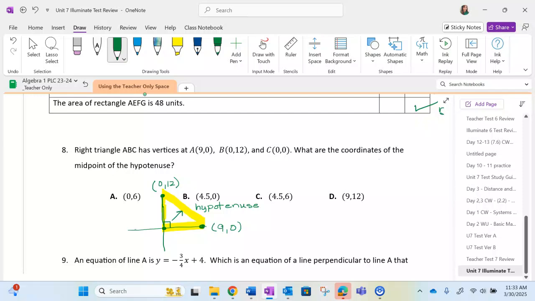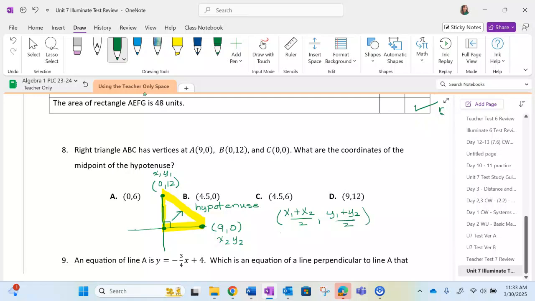Find the midpoint. Okay, I'm going to label this x1, y1. This one is x2, y2. Using our formula, x1 plus x2 over 2, comma, y1 plus y2 over 2.